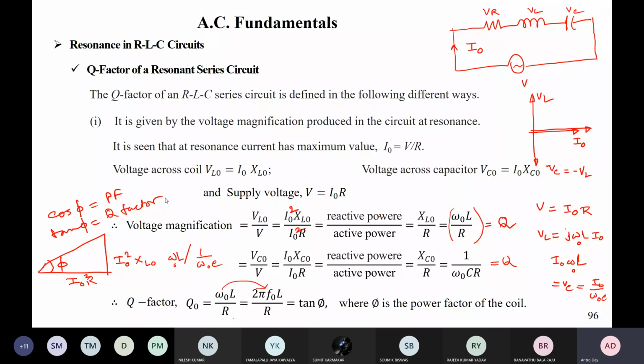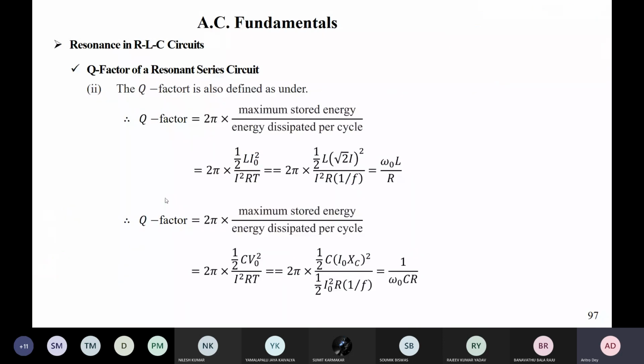Okay, so this can also be expressed in terms of the maximum energy stored in the inductor divided by the energy dissipated per cycle, into 2 pi. How can you write this? This is basically half L I0 square, that we have learned as the energy stored in an inductor, divided by the energy dissipated per cycle.